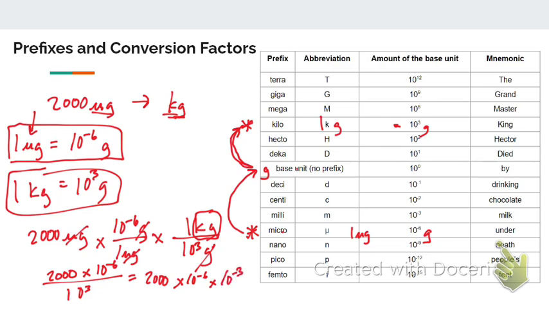Because remember, if it's divided by, we're just going to take the reciprocal, the opposite sign exponent. Remember, when you multiply exponents, you just add them together. So this would be equal to 2,000 times 10 to the negative 9.